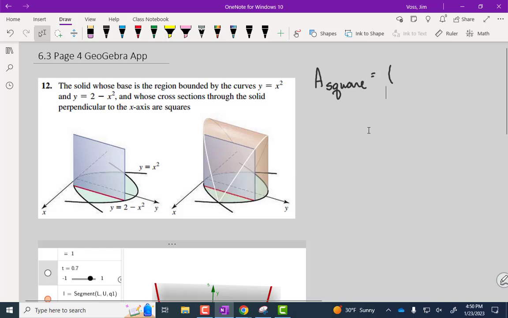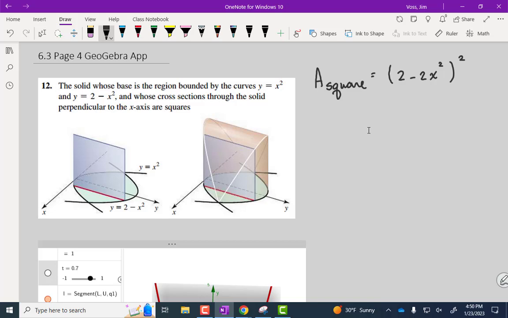So the upper one is 2 minus x squared. And then we subtract off the lower one, so we get 2 minus 2x squared. That's going to be the length of that element, which is going to act as one side of a square. So 2 minus 2x squared. But then we square it.